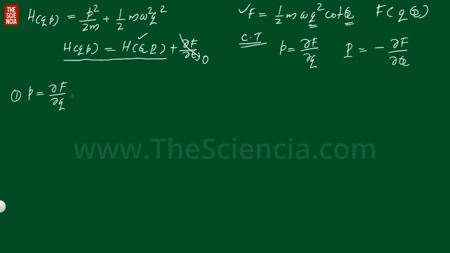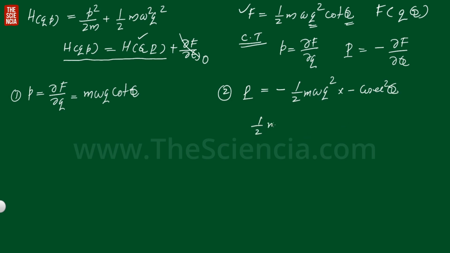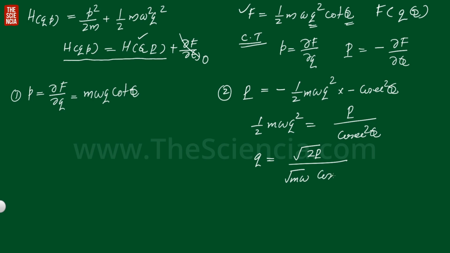So what we get is m omega q into cot Q. And the second canonical transformation equation is capital P is equal to minus dou F by dou Q, that is minus 1 by 2 m omega q square into the derivative of cot Q, that is into minus cosec square Q. So we get 1 by 2 m omega q square is equal to P by cosec square Q. So we can find this q is equal to root 2P by root m omega cosec Q.